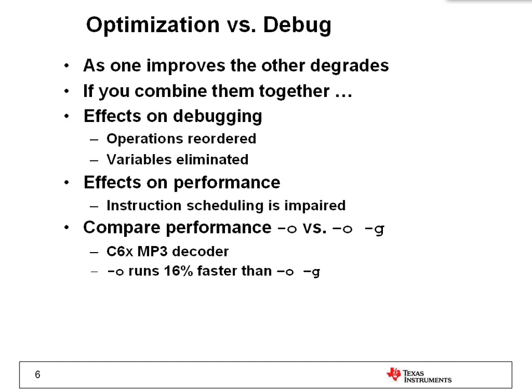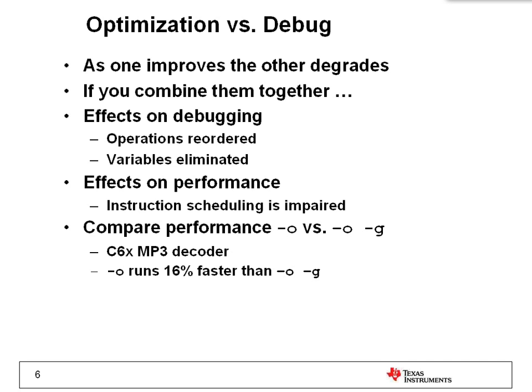Well, optimization versus debug, there's a trade-off there. As one gets better, the other one gets worse. Now, if you try and combine them together, which is a common operation in the field, I see this a lot, what happens? Well, the first thing we need to talk about is the effects on debugging. Operations can be reordered.